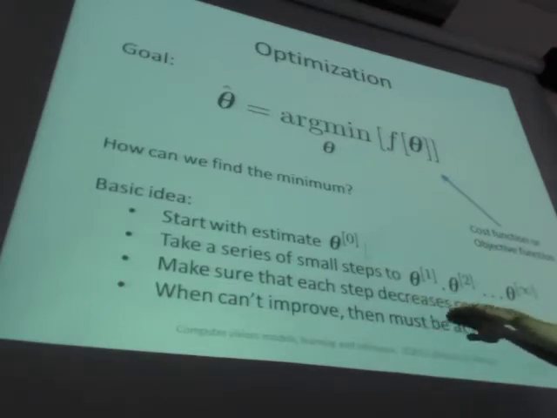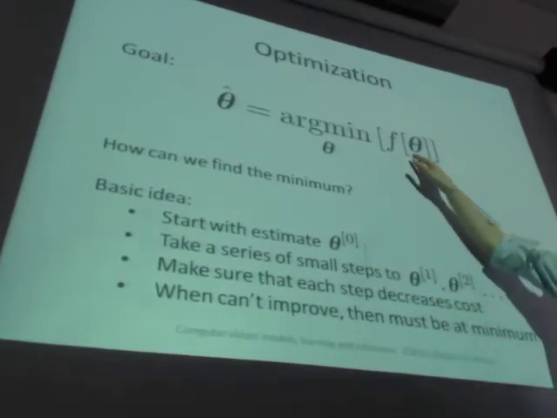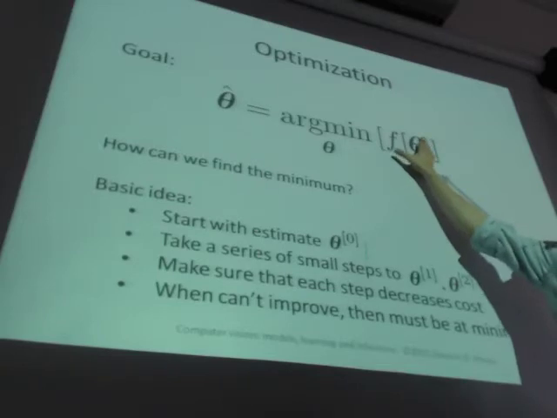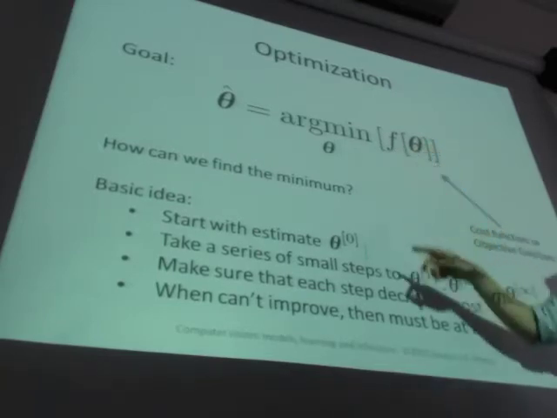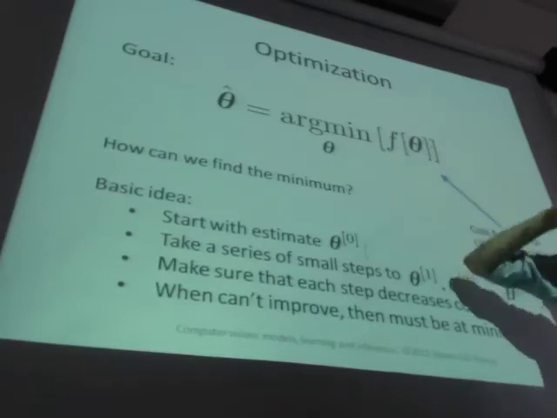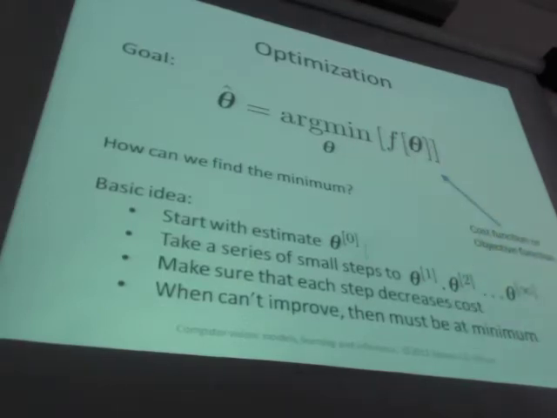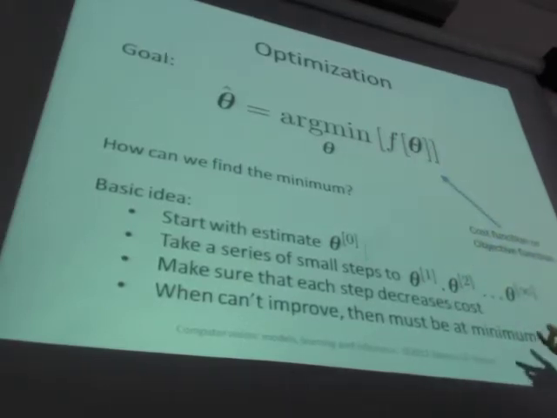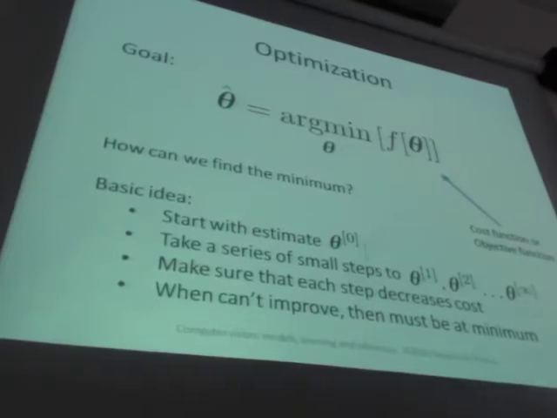We're going to try to decrease the cost, right, if we're doing minimization. So we have this energy function, and we hope that every time we make a step, f of theta gets smaller. Okay. And when we get to a place where we can't step anywhere else in parameter space, then we stop.